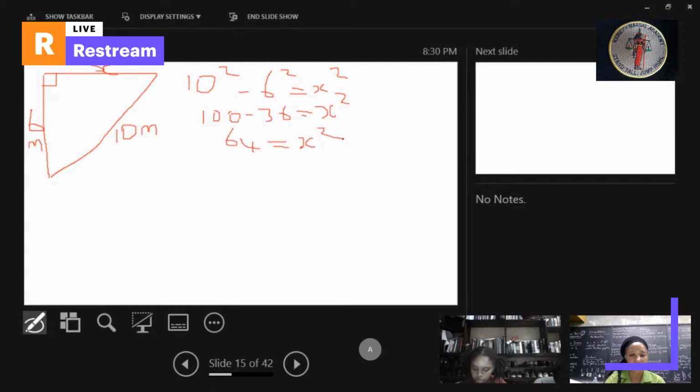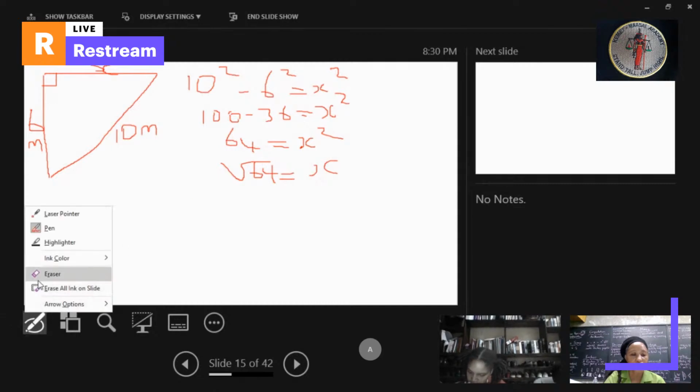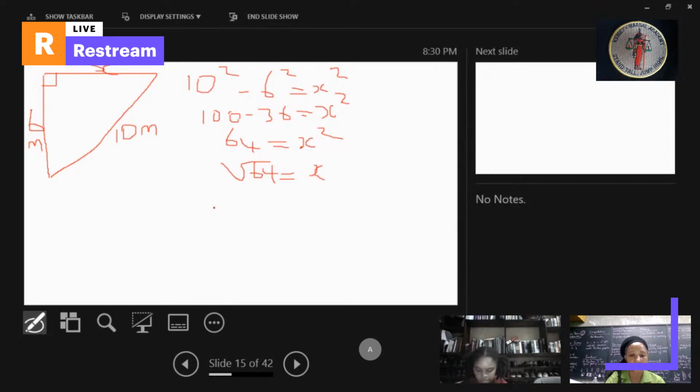And so x is the square root of 64, which is 8. Now that we know x is 8, what do we plan to do now? We plan to put it at the base of the triangle. So 8 is here. Yes.